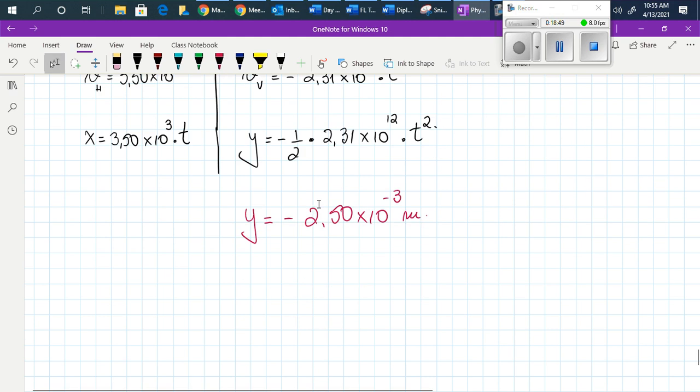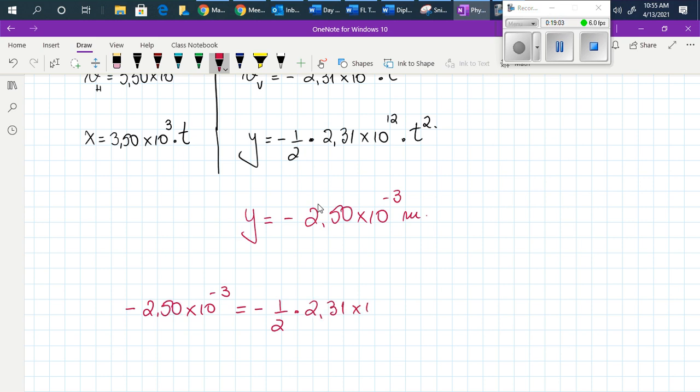So then you will go negative 2.50 times 10 to the power of negative 3 is equal to negative 1/2 times 2.31 times 10 to the power of 12 times t squared. So negative and negative cancel out.